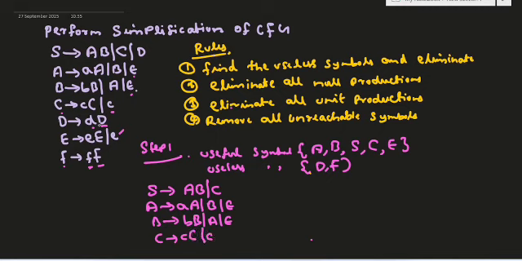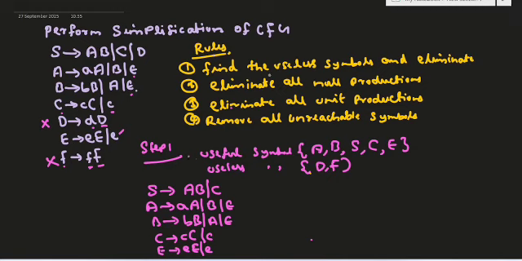D does not derive any strings here, so we can eliminate D. E can derive capital E and small e. F doesn't have any replacement and cannot derive any string, so we will eliminate F and D. This has been eliminated.